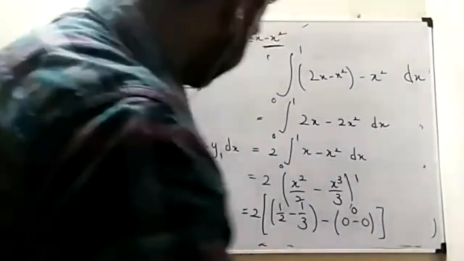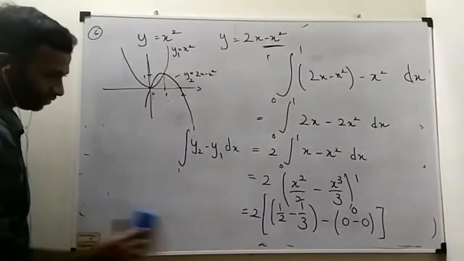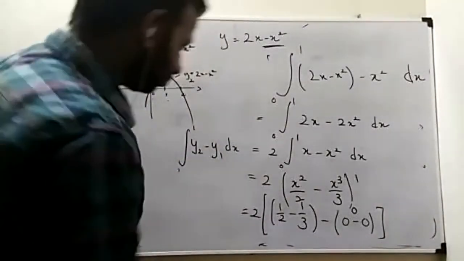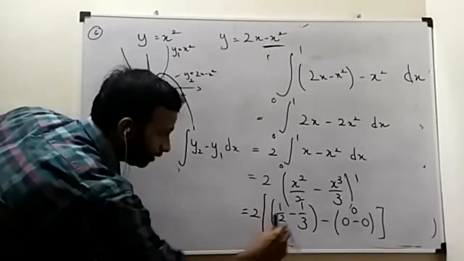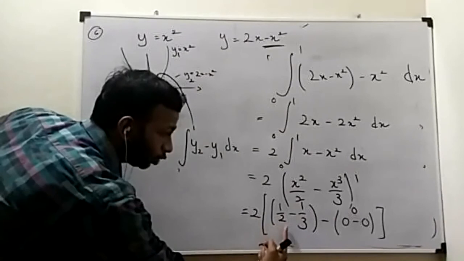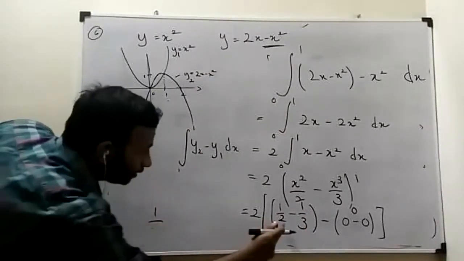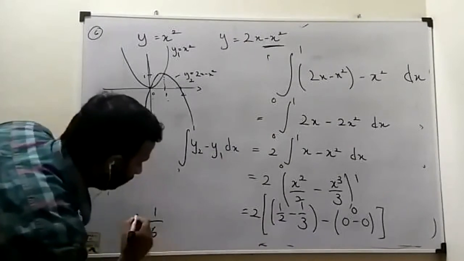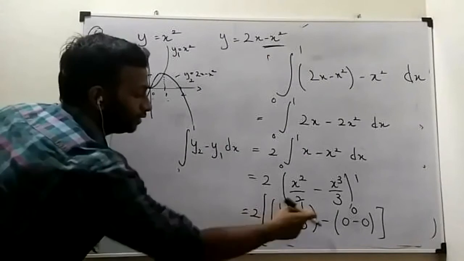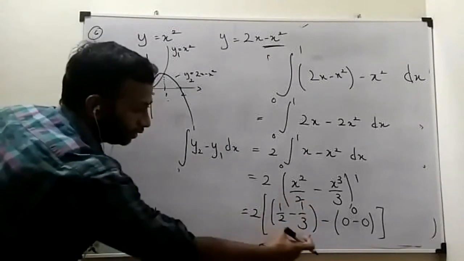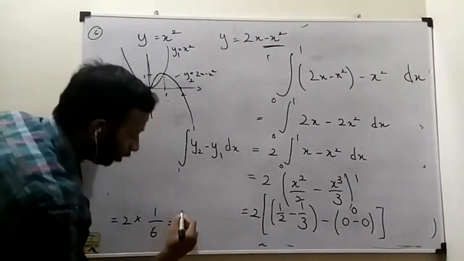Multiply this by 3 and this by 2: 3 minus 2 is 1, divided by the multiplication of these two values, that is 6. So the value is equal to 1 over 3.